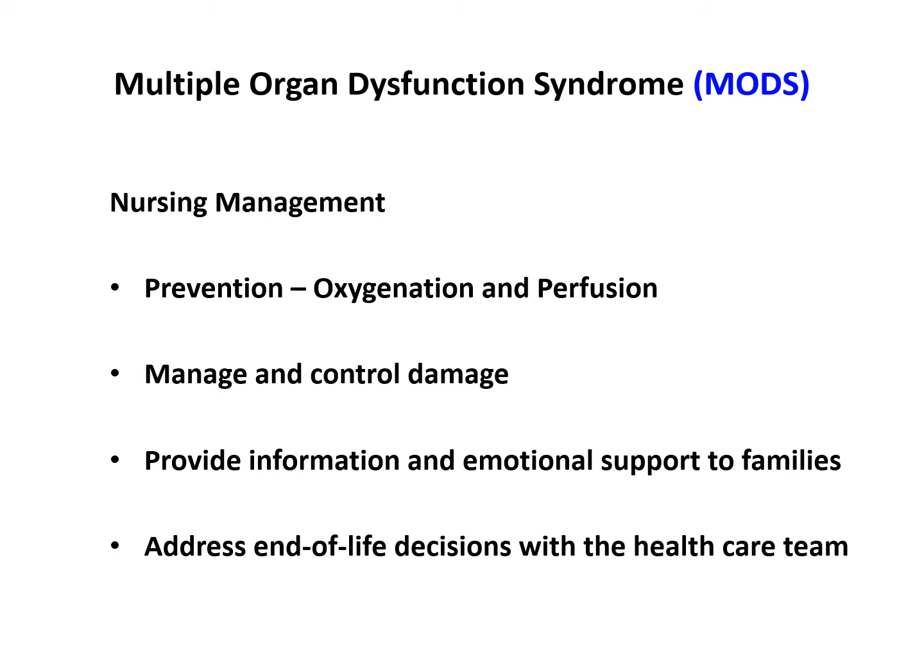And they're usually going to need a CRRT type of dialysis until we can adequately supply the oxygen and perfusion back to the kidneys so that the kidneys can then go through the stages of acute kidney injury and start to recover.